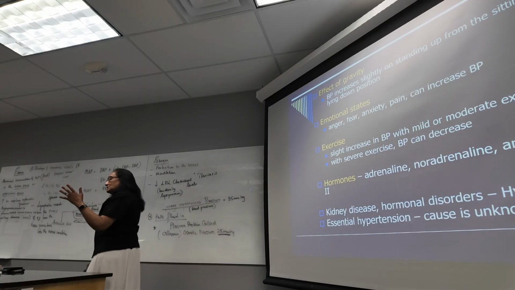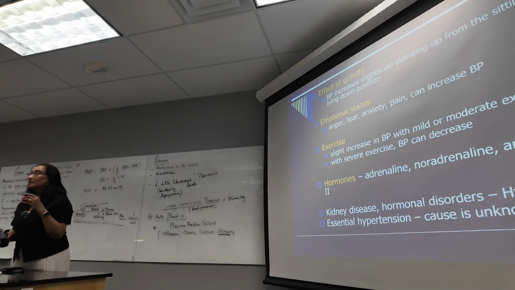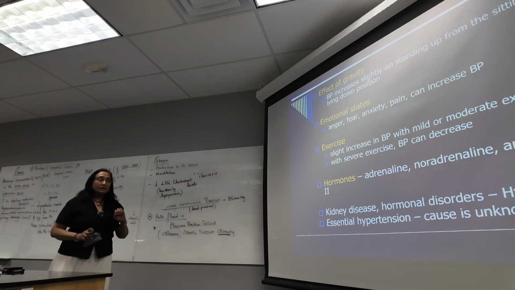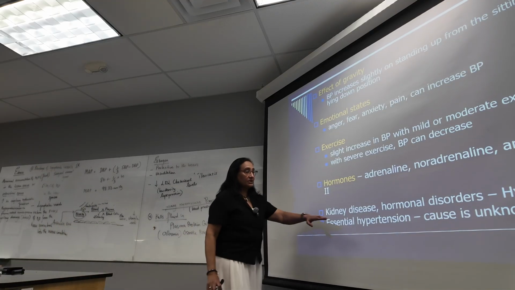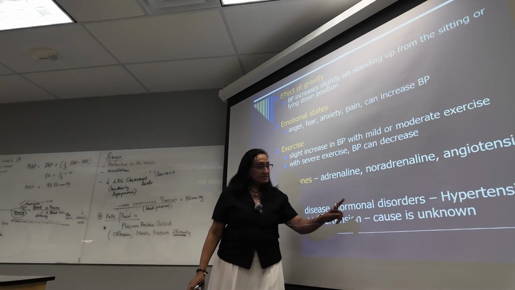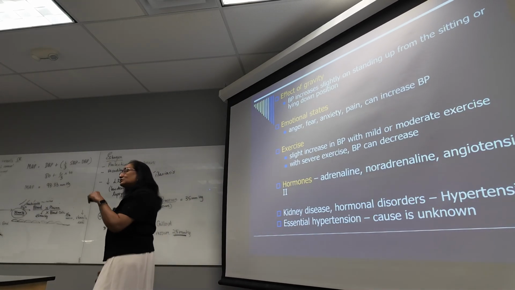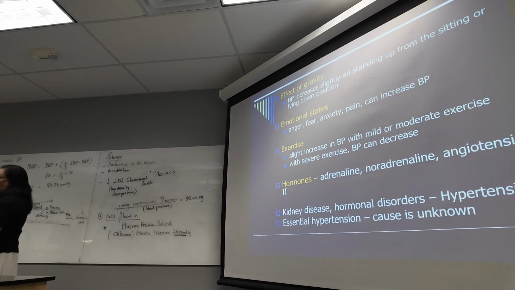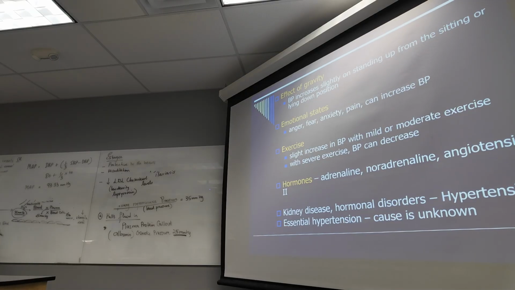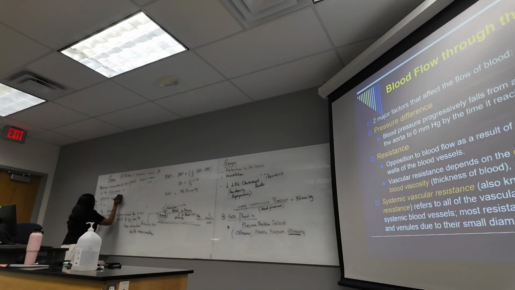Diseases, there are lots of diseases that raise blood pressure, but the majority of the time when somebody has high blood pressure, we don't have a reason for that. So we call it essential hypertension. Most of the time there is no specific reason, so it's called essential. Genetics is involved there, it's mostly genetics.